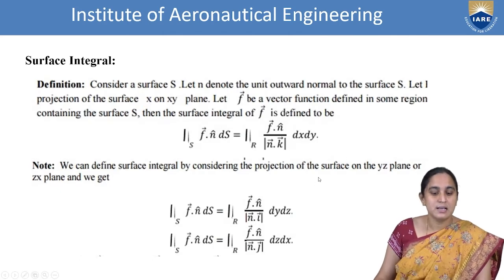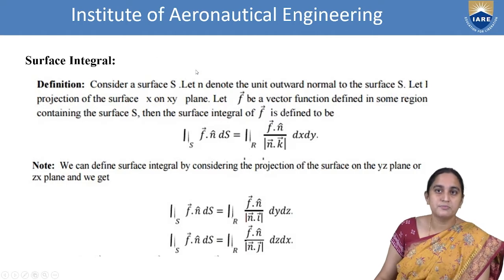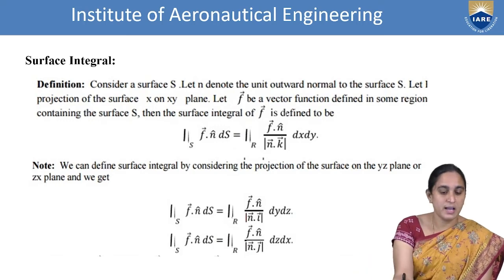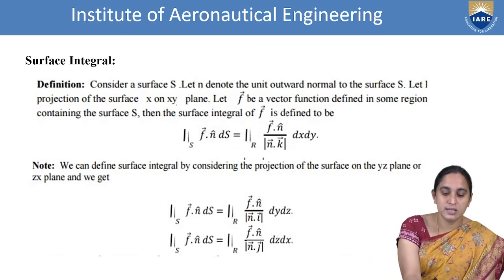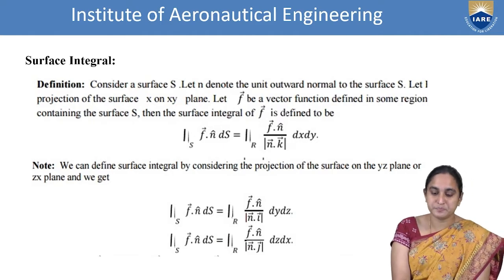Surface integral. Consider a surface S. Here you have to define the surface with S. Let n denote the unit outward normal to the surface S. Let R be the projection of the surface S on the xy plane.